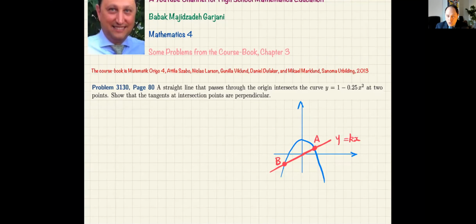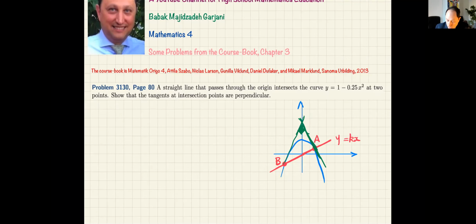Okay? And now I want to have the tangent lines. So one tangent line is here, and the other tangent line is here. Of course, in my picture this is very, very poor. It should be 90 degrees. It is not here, but you have the good picture there, so you have it in your mind. But how should I prove this? I want to show that these two lines are perpendicular.